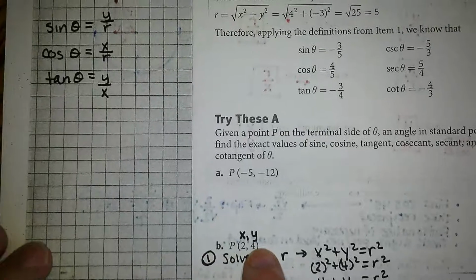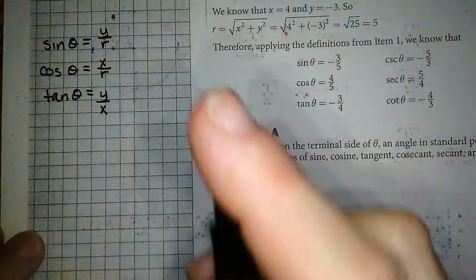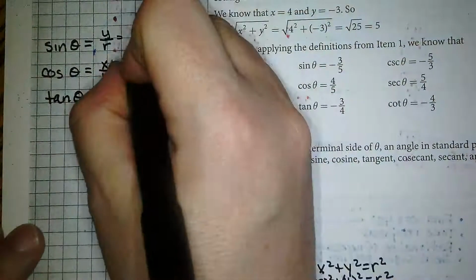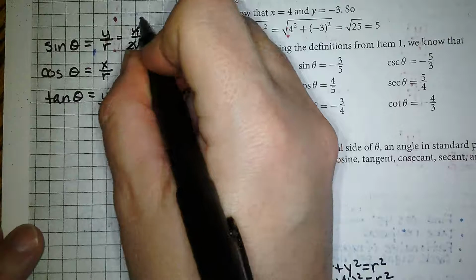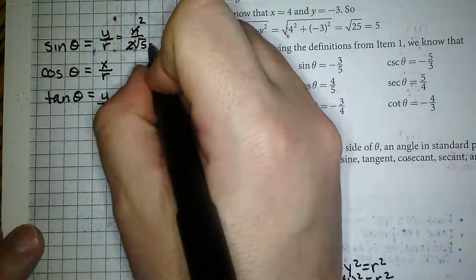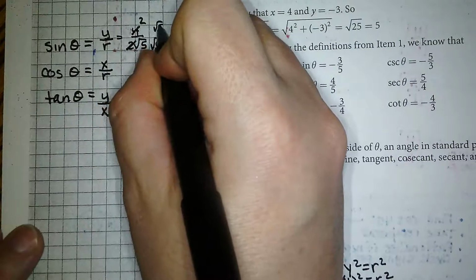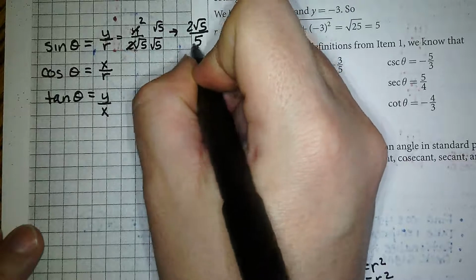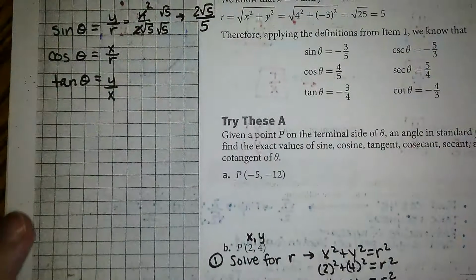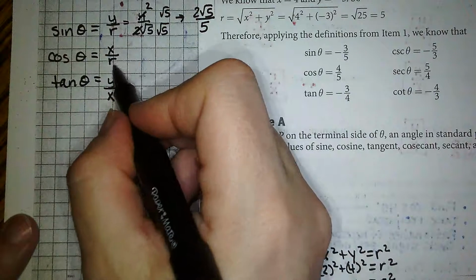So my sine value is y over r, so that's 4 over 2 radical 5. So I'm going to reduce first and then rationalize second. So this is going to be 2 radical 5 over 5. The second one is x over r.